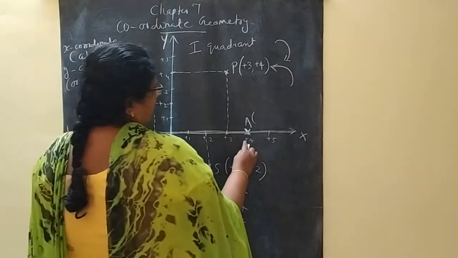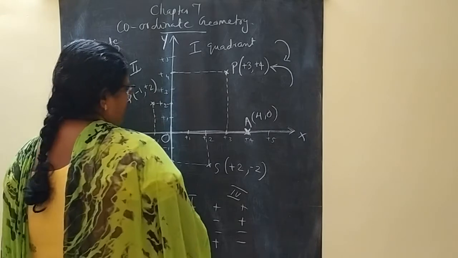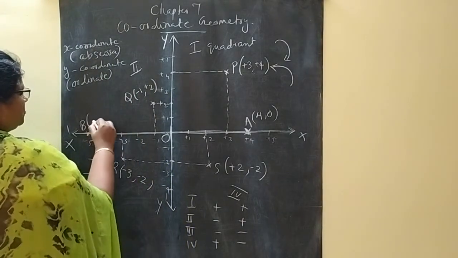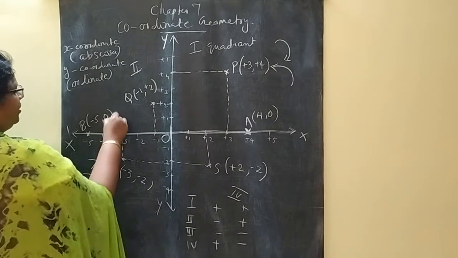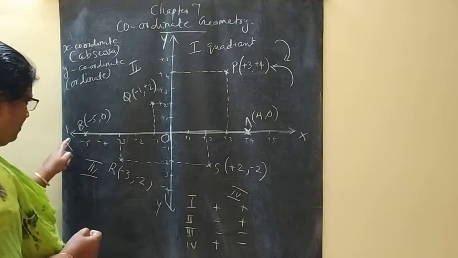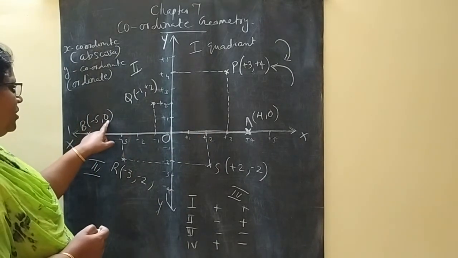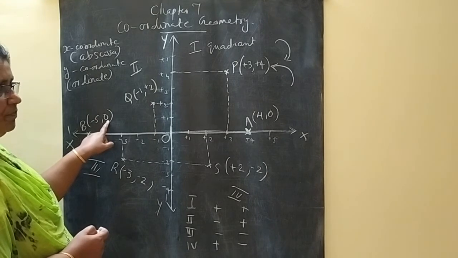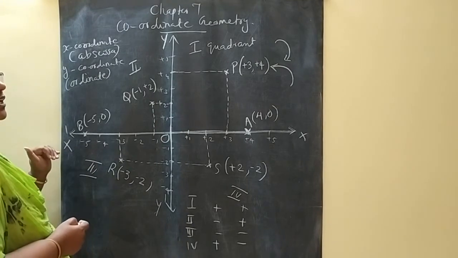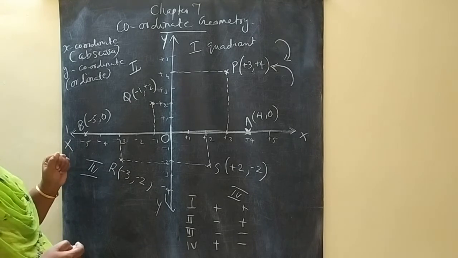So, here we can tell that point as 4, 0. If we mark a point here, B, this point is -5, 0. So, a point on the x-axis means its y coordinate is always 0.